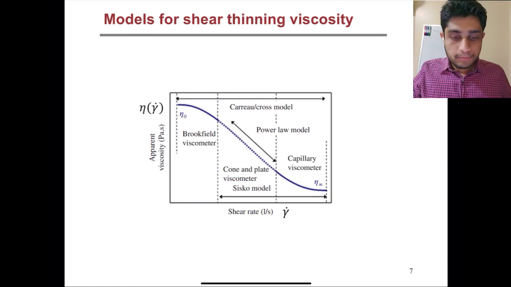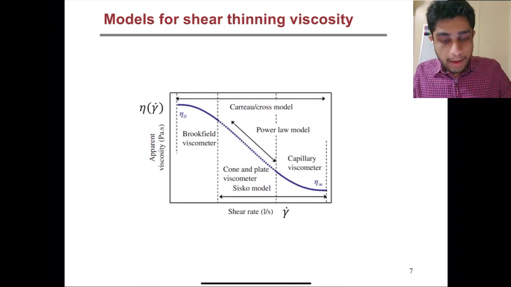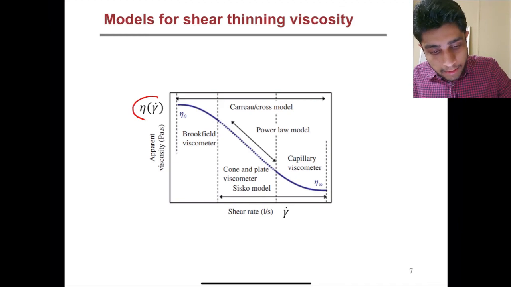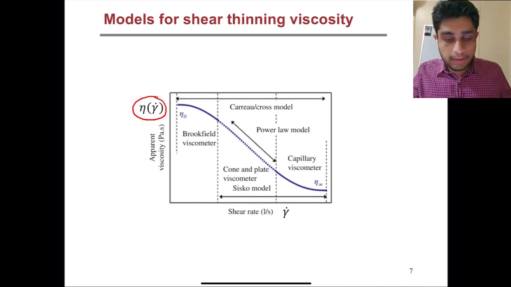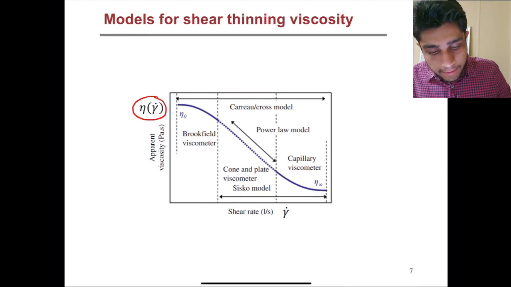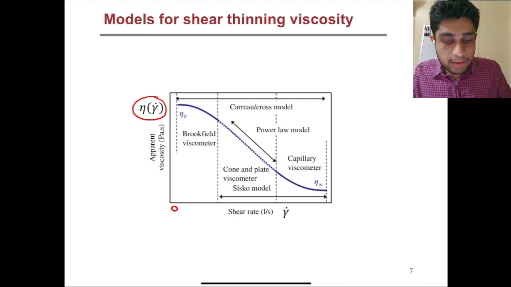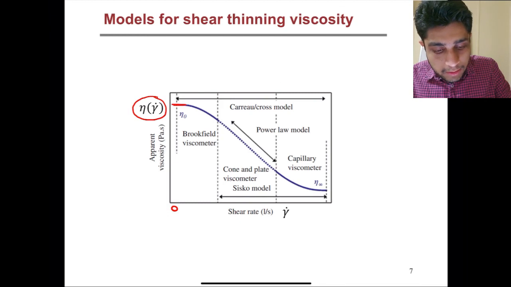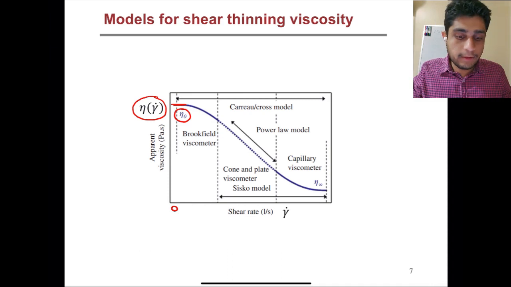Now, next up, the apparent viscosity of shear thinning fluids usually behaves like this. For zero shear rate values, its viscosity is almost constant, and it is denoted by this symbol eta naught.